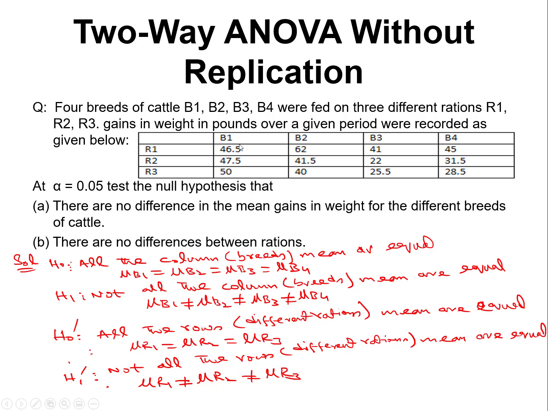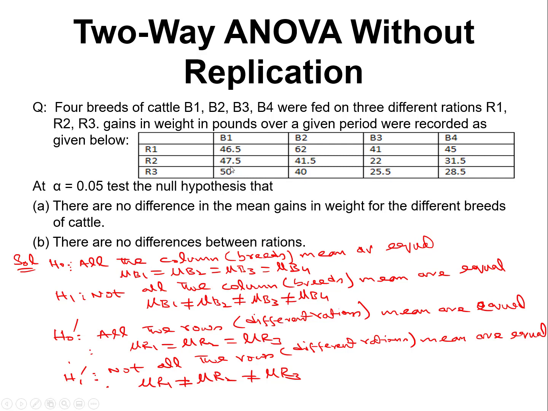Without interaction, we are not interacting B1 with R1, or B2 with R2. When you conduct an interaction, that is called two-way ANOVA with replication, or with interaction. So in this question, the main objective is that I am not going to do an interaction. I just want to do an analysis without interaction.